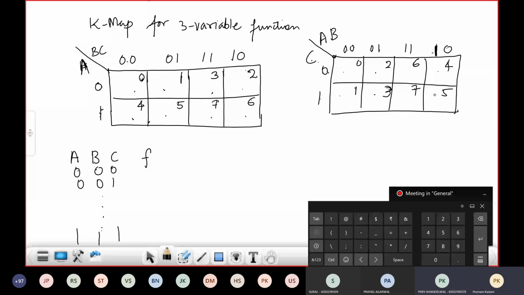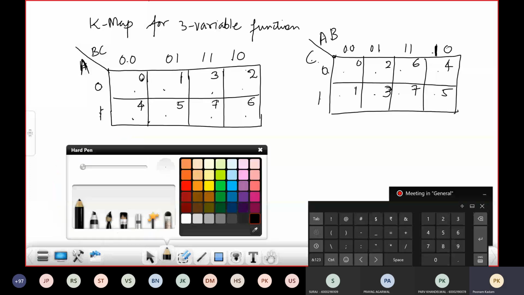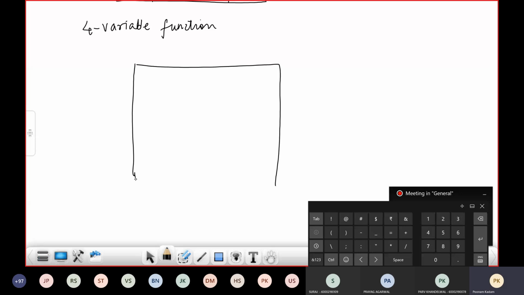Okay. Now we will look at the K-map structure for a 4 variable function. So a 4 variable function will have how many cells in the K-map? 16 cells, right? So we have to draw a K-map which will have 16 cells inside it.